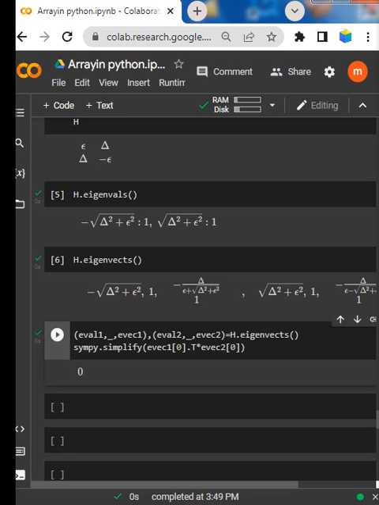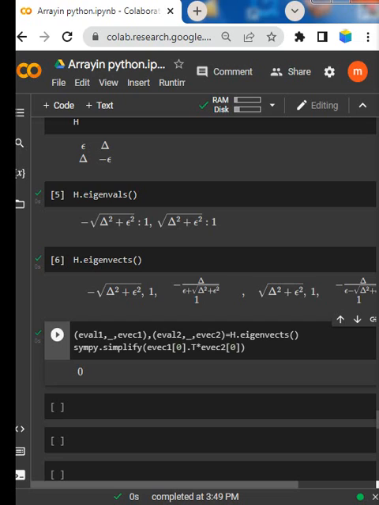Just try to create new matrices with the SciPy linear algebra package. Let's try to solve it here.